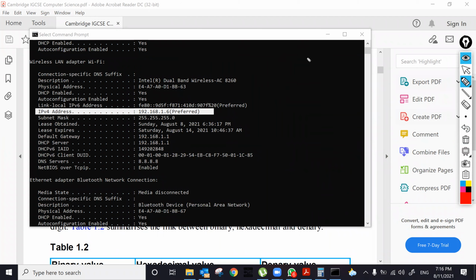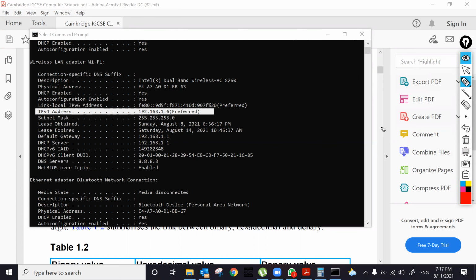So now I am coming to the point: what do you mean by this being a logical address? See, this is actually the decimal number system, right? 192.168.1.6 is a decimal number, because 192 is decimal and 168 is decimal.